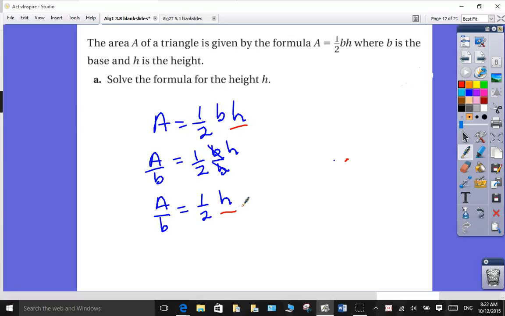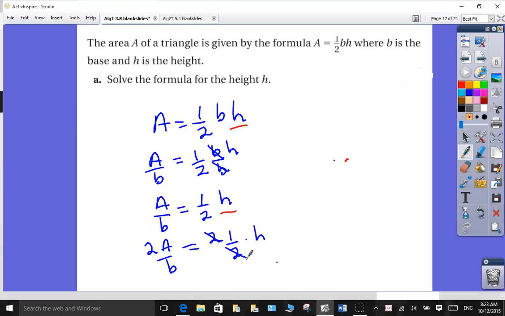Yeah, you could think of it as a divide by a half, but remember what we would recommend is just turn it into a multiplication by multiplying by the reciprocal. So in any case, the right step here would be multiply times 2. Right? So make it 2 times A over B equals 2 times 1/2 times H. And the 2's cancel.